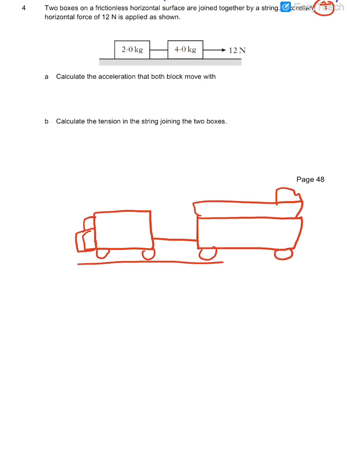Okay, so look at this. You must know a few things about this situation. Certain facts you must know that will help you solve the question. The very first fact that you need to know is this.